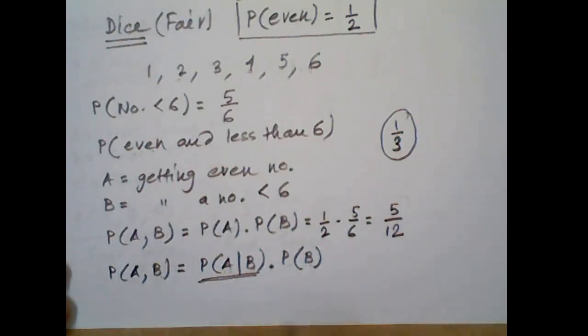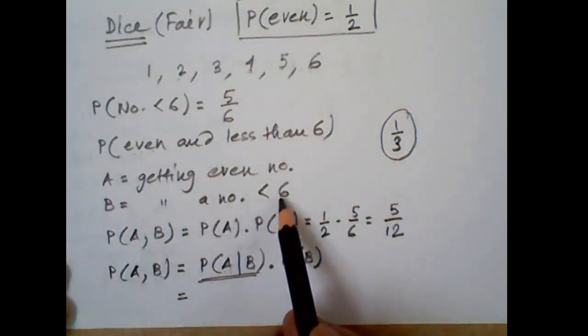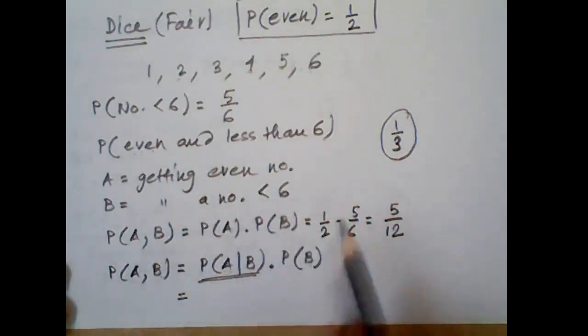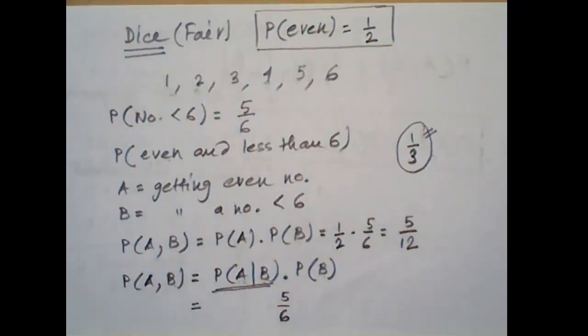Okay, so let's solve this problem here. First, let's put probability of B. What is the probability of B over here? B is getting a number less than 6, and that is 5 divided by 6. So now, how does one calculate probability of A given B? What is B over here?